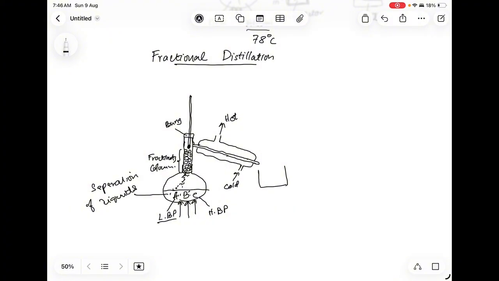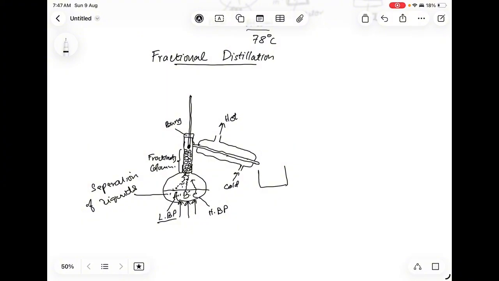Now obviously, because you're heating this whole thing up, you're not just heating the molecules of A. It is very possible that some molecules of B gain enough energy that, along with A, they also escape the surface of the liquid and move up. Same can be the case for C as well.